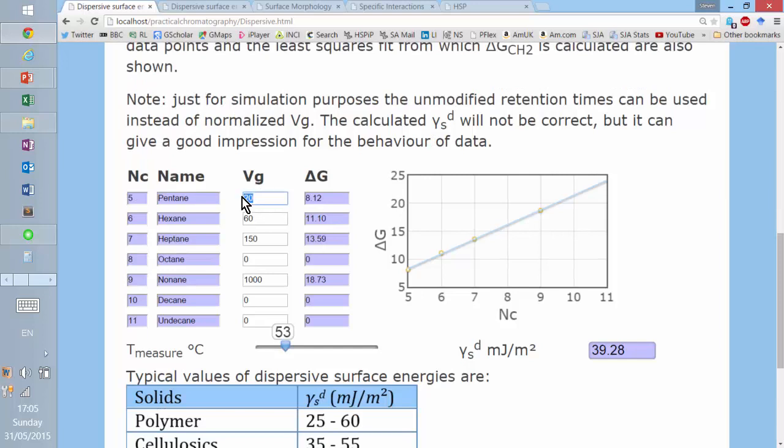Let's say for pentane it had a VG of 25, and for heptane it had a VG of 190, and nonane was 900. We get this graph. There's some experimental error in it, but there's a best straight-line fit, and it tells us that the gamma S, the dispersion energy of this particular material, is 34.9.